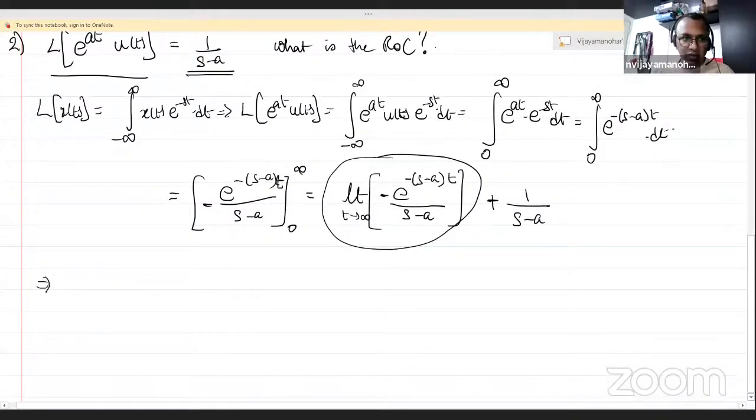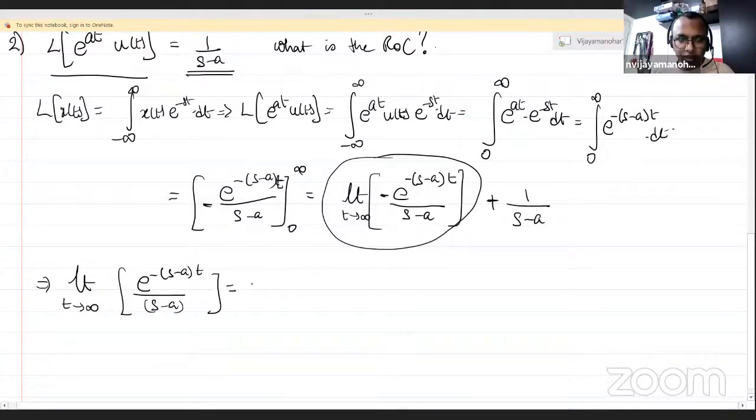Implies limit t tends to infinity, e power minus of s minus a t divided by s minus a is equal to 0, which means the numerator becomes 0, because the numerator is taking the value as t tends to infinity, so t is the variable.